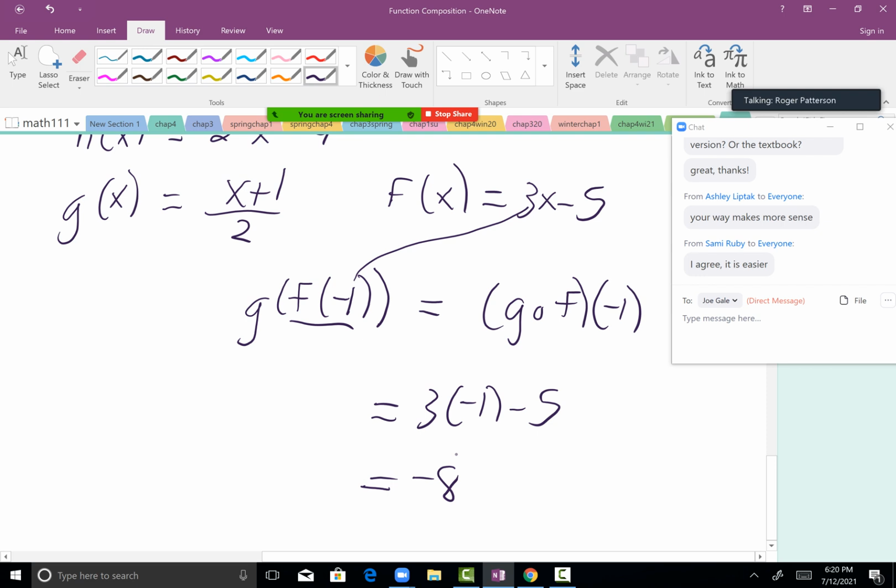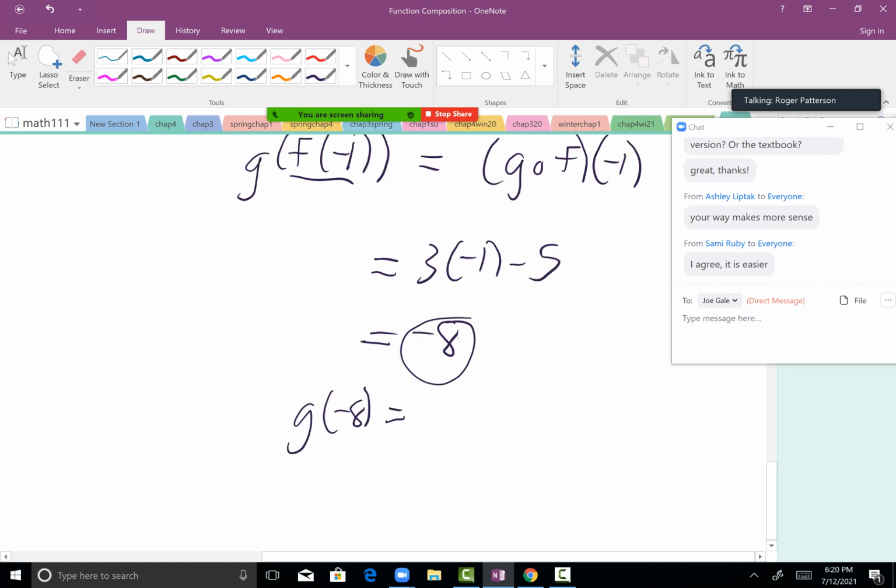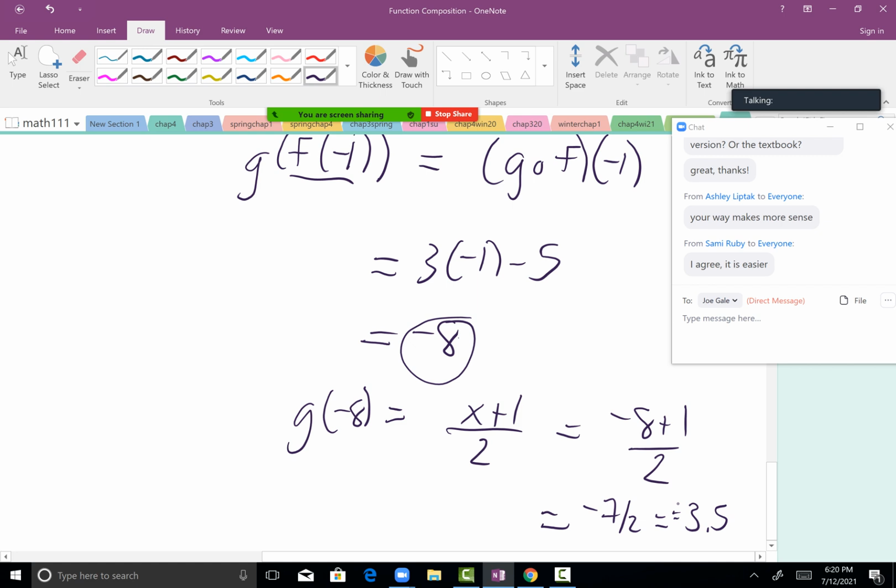Get -8. Now I'm going to put it into the g function. See how this output becomes the input into g. So g of -8 equals, let's see, g has this x plus 1 over 2. So that's -8 plus 1 over 2, which gives me -7 over 2, or -3.5. Okay. Done.